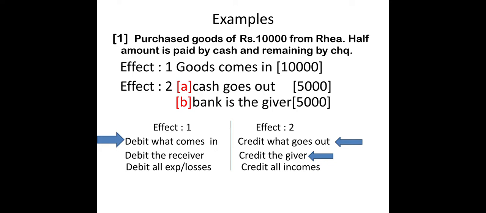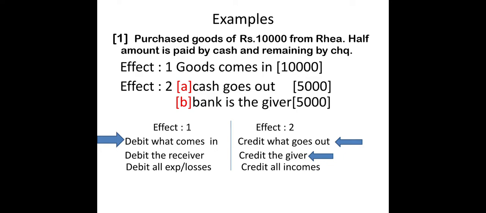Yes, so both the rules we have applied. Okay, so students, such types of effects are very important. You must learn how to write two sentences in a particular effect in A and B format. Okay, so in effect number two, there are two sentences, students, and that is the main topic of this video.